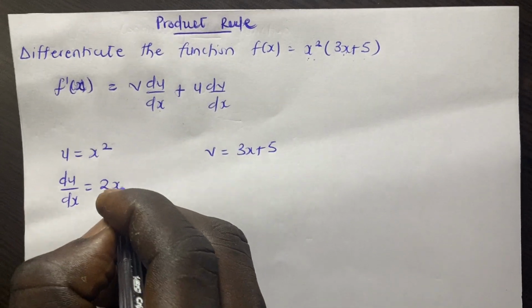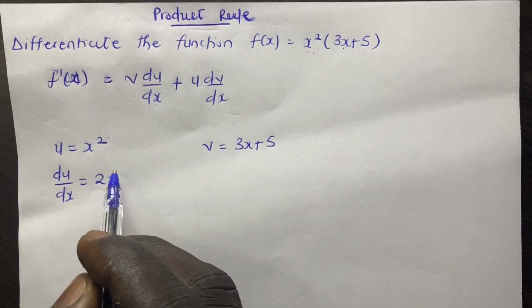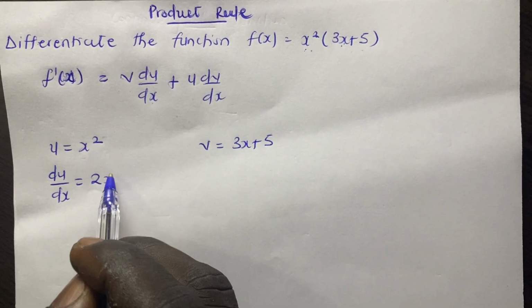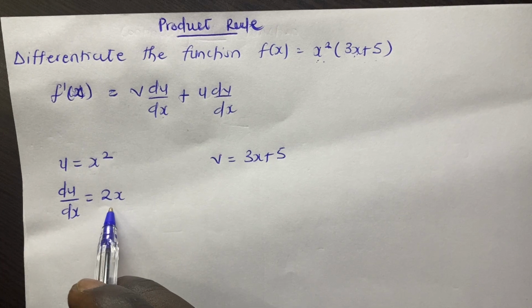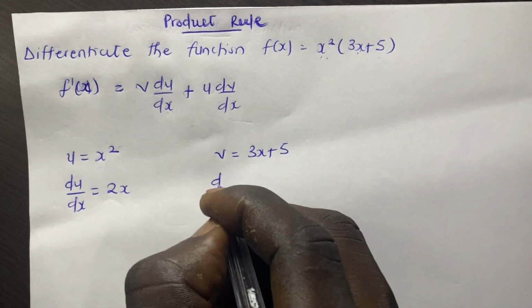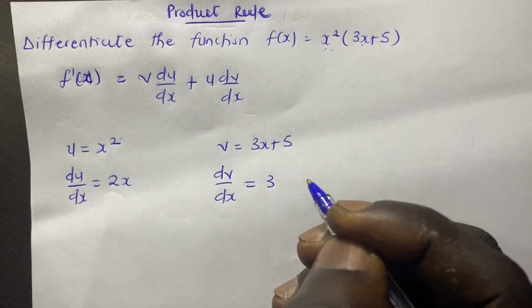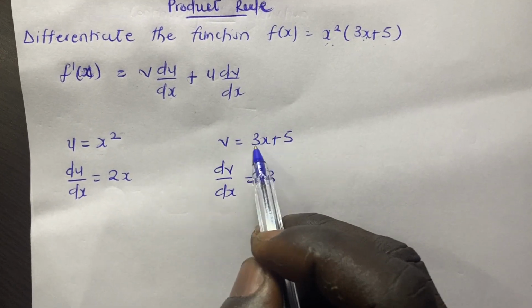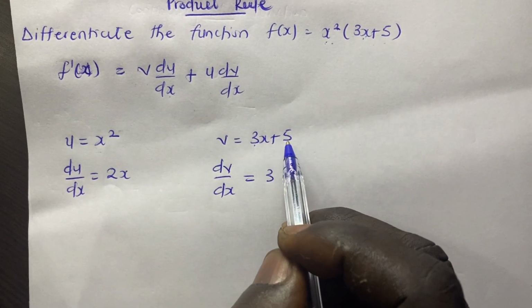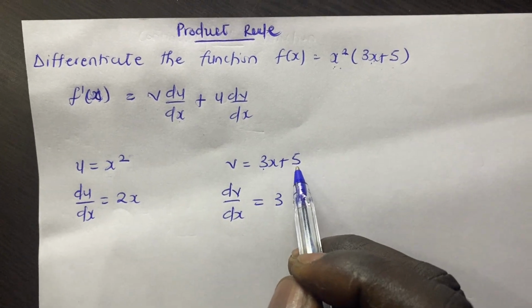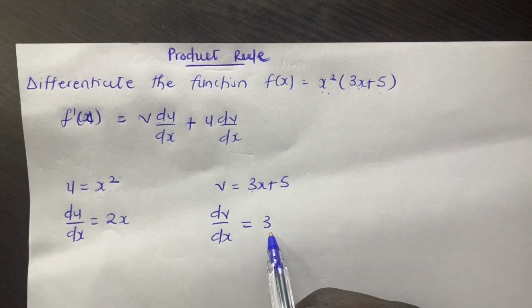So we are getting 2x, because 2 minus 1 gives us x raised to the power 1. And here, differentiating v, we have dv dx, and it is going to give us 3, right? Because when you differentiate 3x, you get just 3, and because 5 is a constant, when you differentiate 5, you get 0. So this is what we have, right?